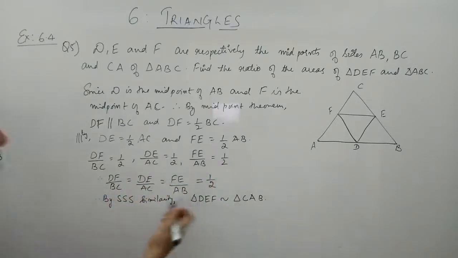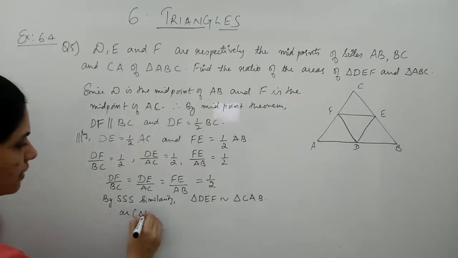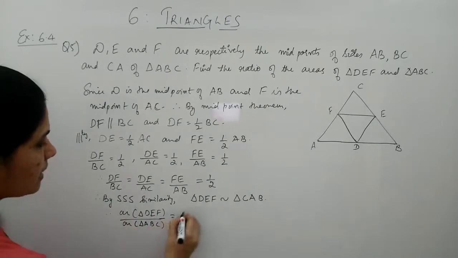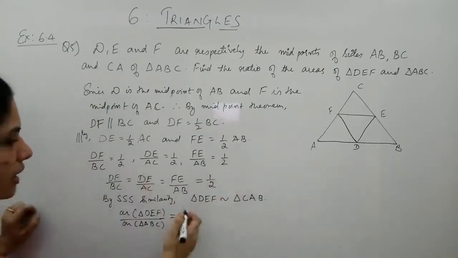Okay, so now we can say, according to the theorem that we have already discussed, that the ratio of the areas of similar triangles will be equal to the square of the ratios of the corresponding sides. That you can apply and find out the ratio of the areas of the two triangles. Therefore, area of triangle DEF by area of triangle ABC will be equal to either of the sides proportionality, you can take the whole square.